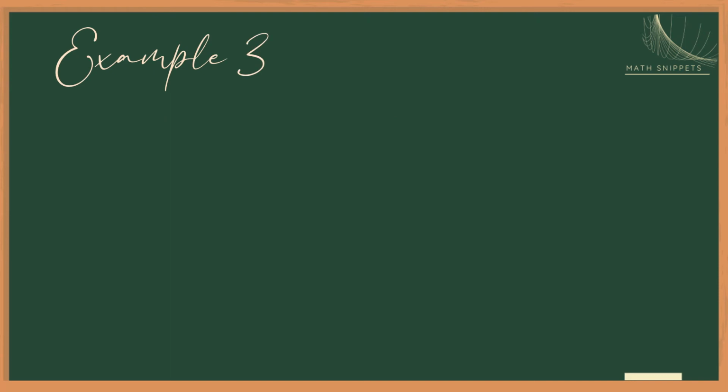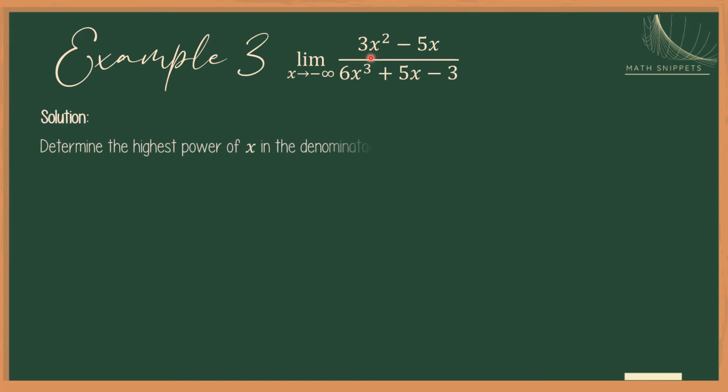So let's have another example, an example that involves exponents that are greater than 1. This may look complicated to you, but we just apply the same thing that we did in example 2, and you'll get through it. So please follow through the solution. So again, you determine the highest power of x in the denominator.